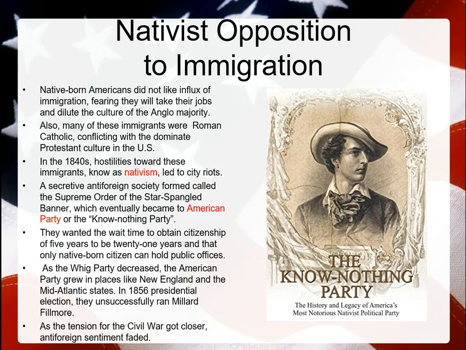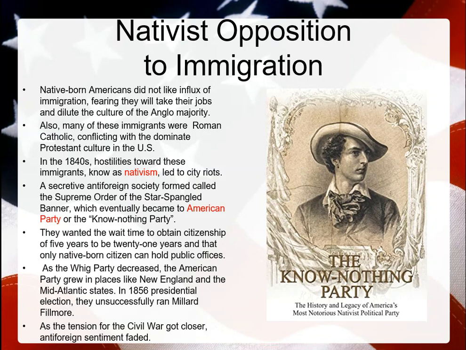We're also going to get some secret anti-foreign societies formed called the Supreme Order of the Star-Spangled Banner, and they'll eventually become known as the American Party or the Know Nothing Party. The reason why they're called the Know Nothing Party is they'd be interviewed, and people would ask them things on politics because they're the American Party, and some of them would say I know nothing.